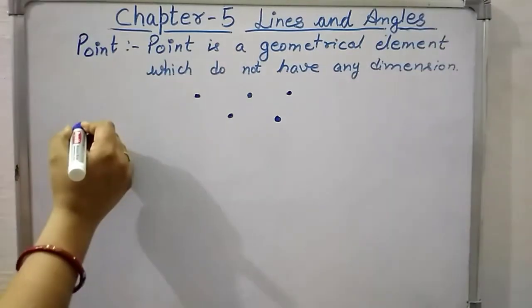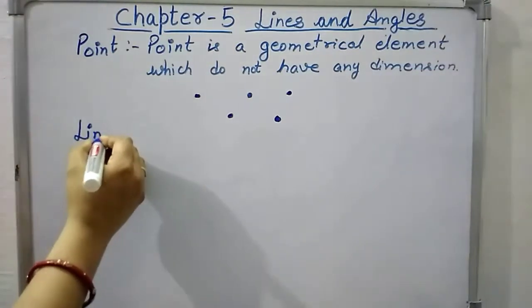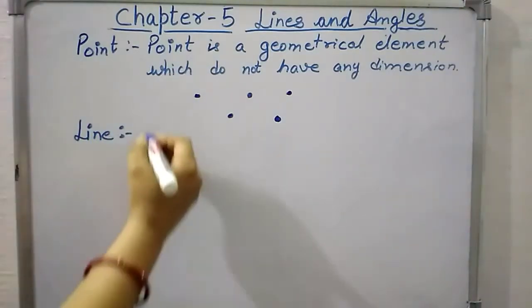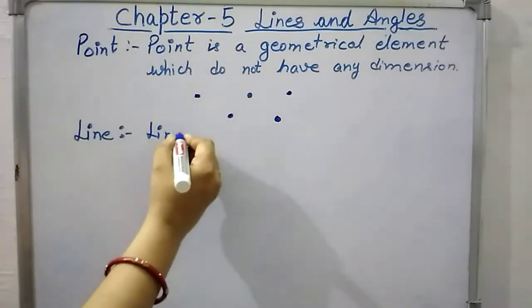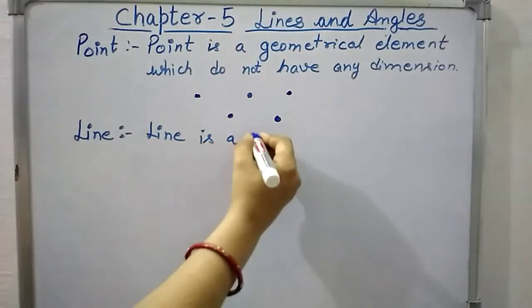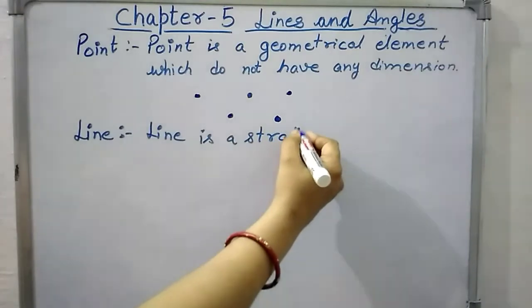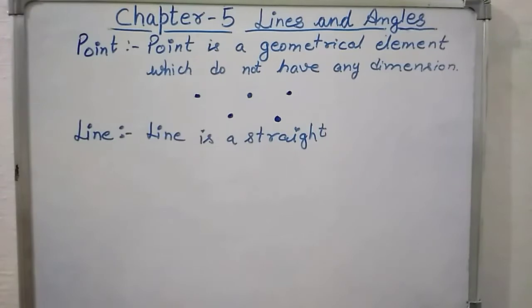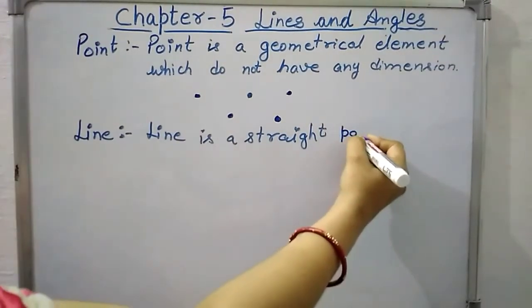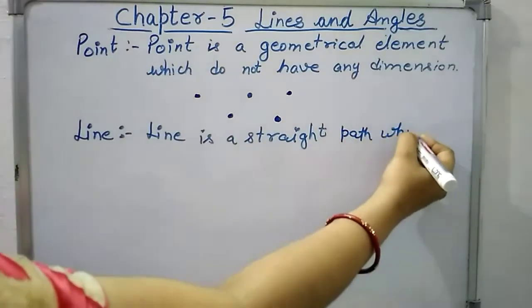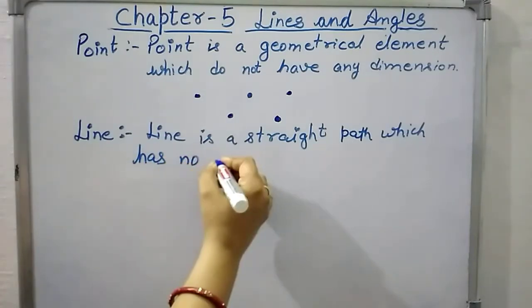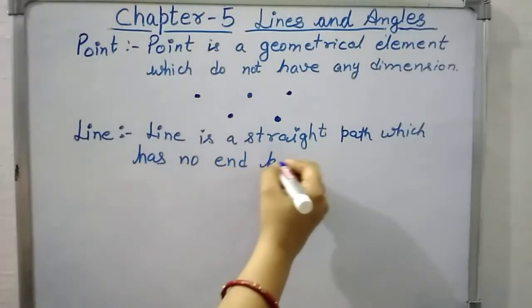Next is line. Now what is a line? Line is a straight path which has no end points.